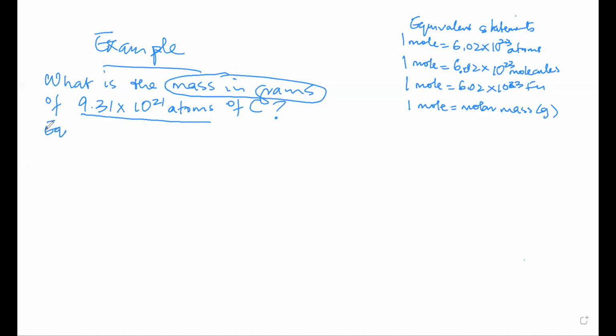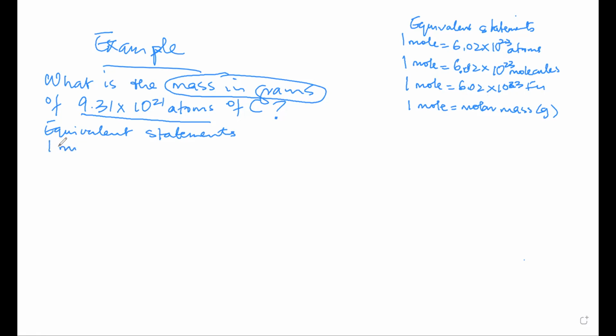Then we look at the equivalent statements, and you are given some equivalent statements here to use. Any direct relationship between grams and atoms? None. No direct relationship, but we have to go atoms to, what can we go? Atoms to what before we go to grams? We can have atoms and moles.